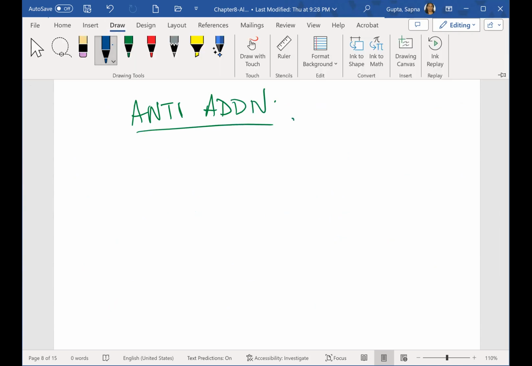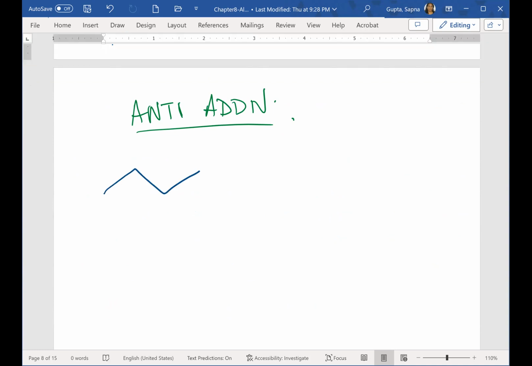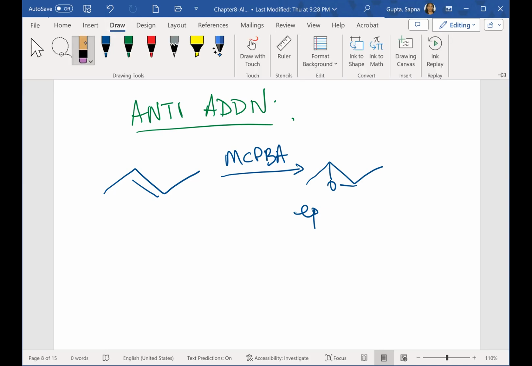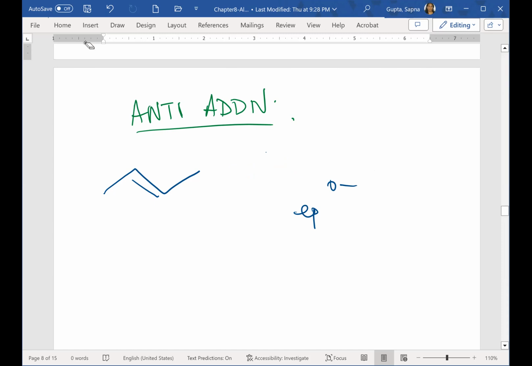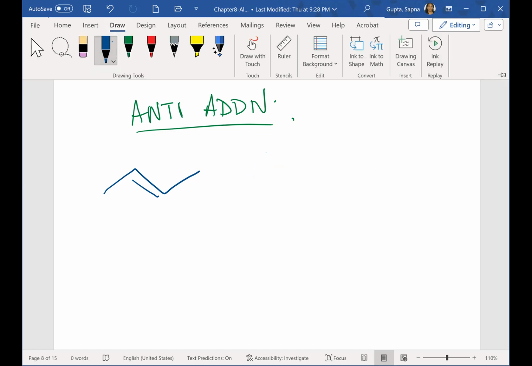Anti-addition would be if you take an alkene and just write the reagent MCPBA, and I will explain what that is in just a second, and you end up getting what's called an epoxide. Don't worry, you keep writing. I'm just going to make it smaller so I can write this reaction in one line instead of 2 lines.